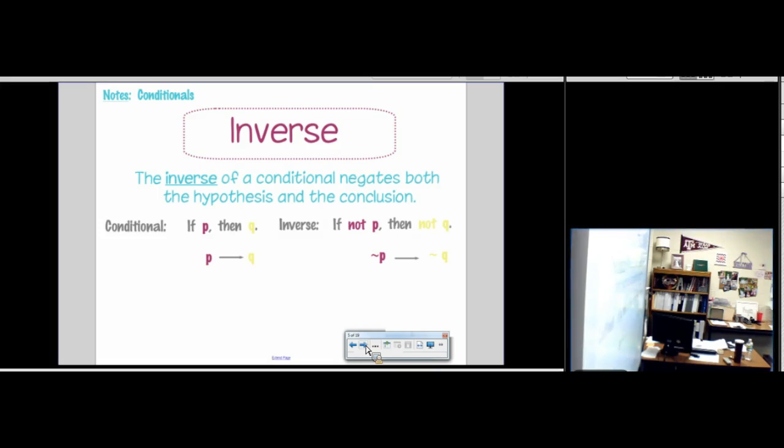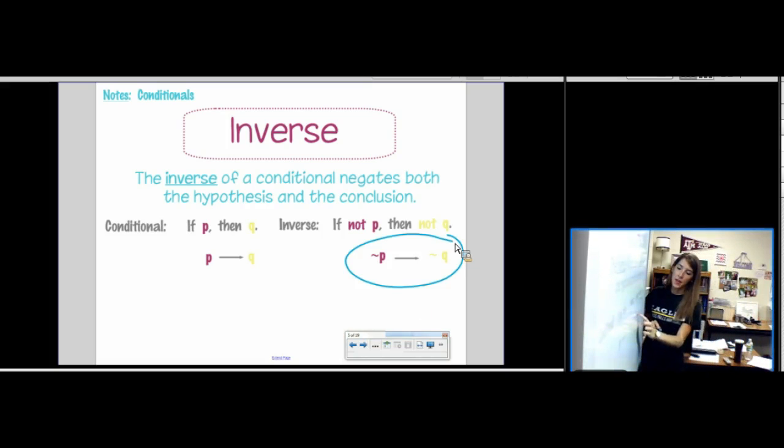So it says not hypothesis, not conclusion. So the notation is, where it says notation, put not P, not hypothesis, then not conclusion. Not P, then not Q. Squiggly P, arrow, squiggly Q.